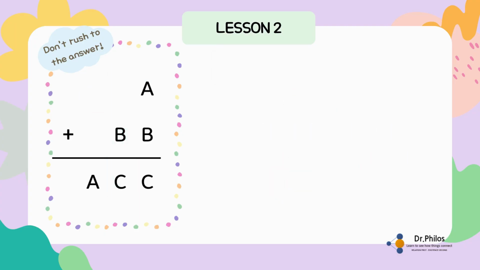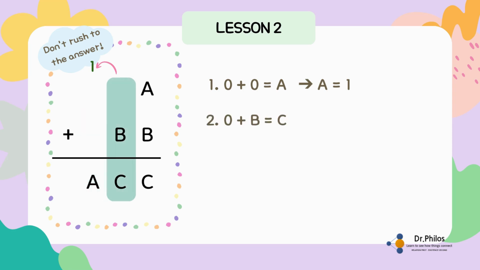Let me summarize what you observed. 1. There is an A only in the hundreds place of the whole. This means there is a carryover from the tens place. From this, we know A is 1. 2. In the tens place, a carryover to the hundreds place happened without any other number to add in the parts.